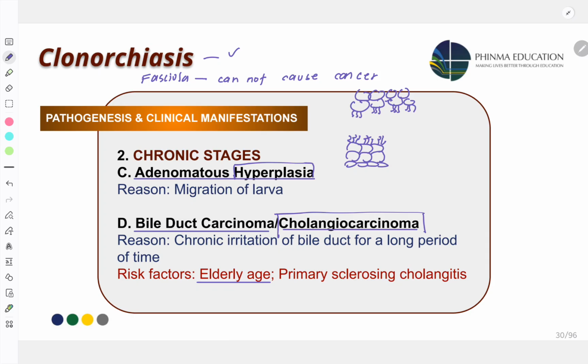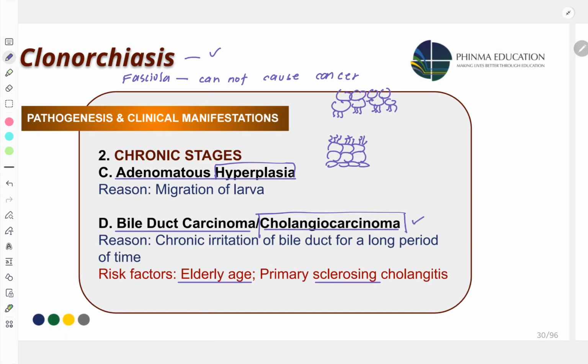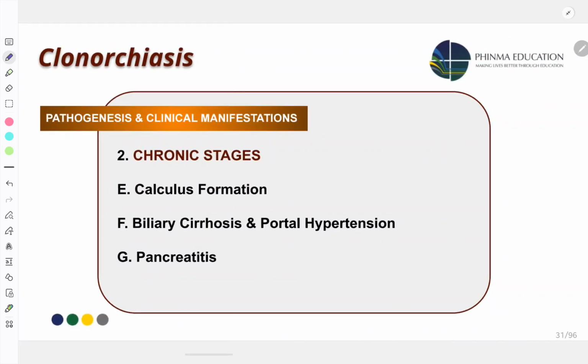What does this mean? If your bile duct is already scarred, the epithelium is no longer normal, the lining of your bile duct is like scar tissue, and there is a big chance that it will progress into cholangiocarcinoma.